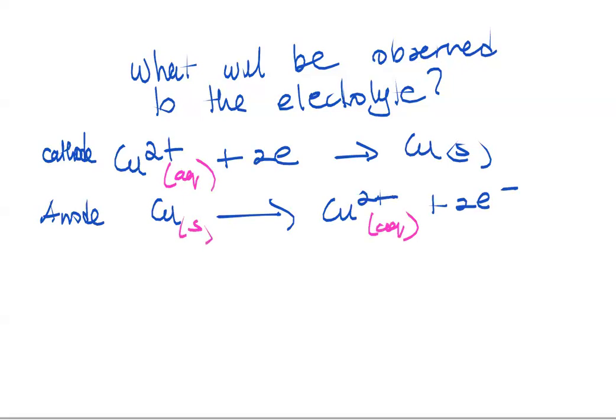What happens to the electrolyte? Will it become less blue, more blue, or same blue? More blue, less blue, or same blue? Look at it. I'm using up the Cu2 plus here, but I'm making it exactly back. Could you guys tell me if it would become more blue, same blue, or less blue?